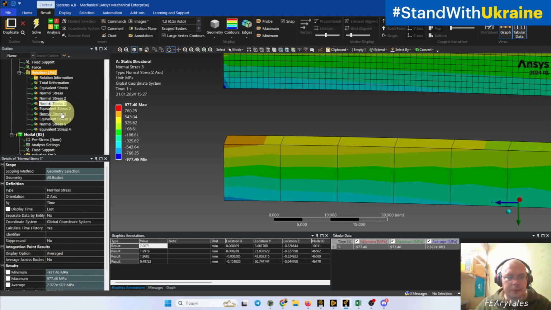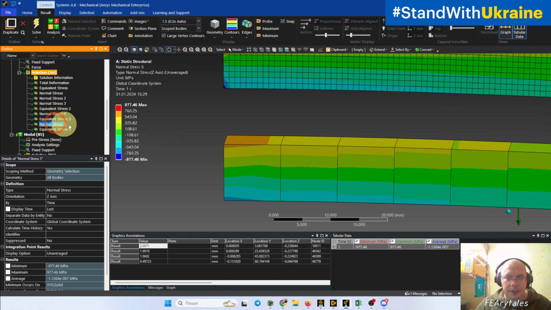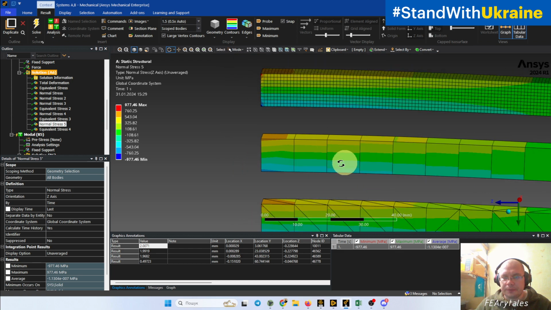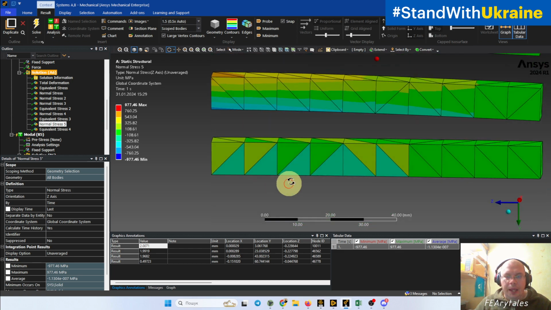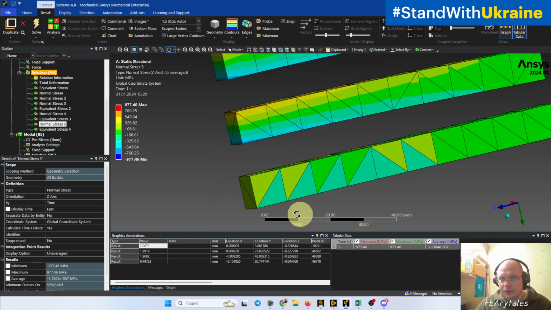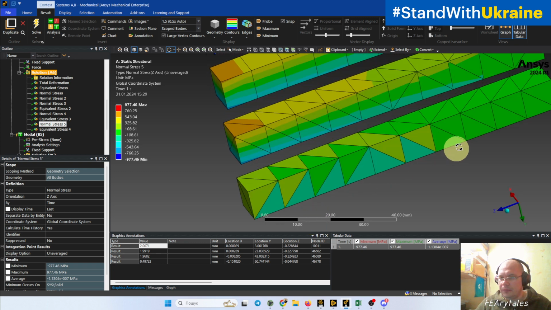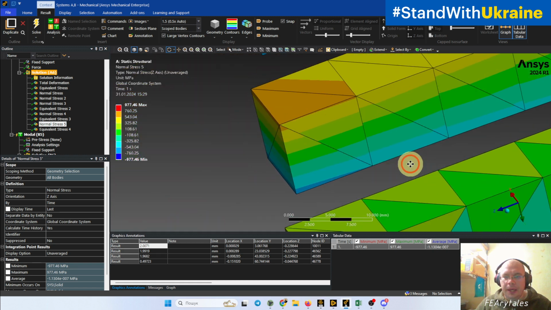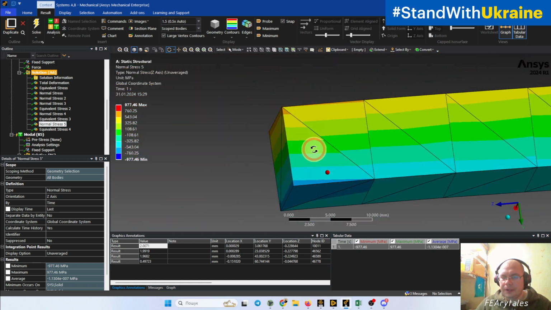So let's look into the unaveraged result. And we can see that this object has constant stress, and these have linear stress distribution between different nodes.